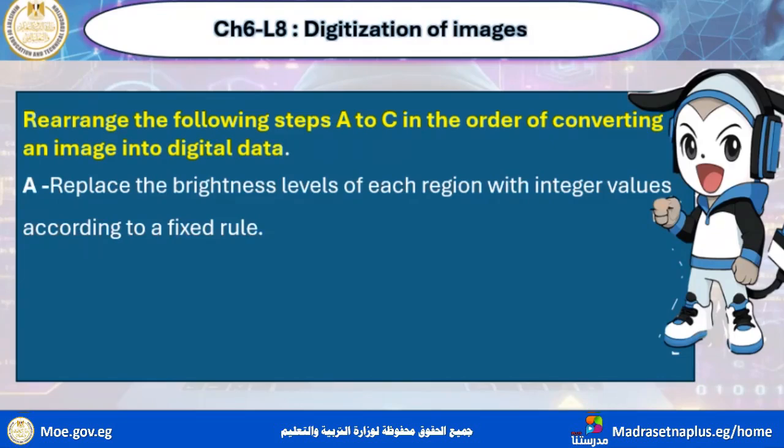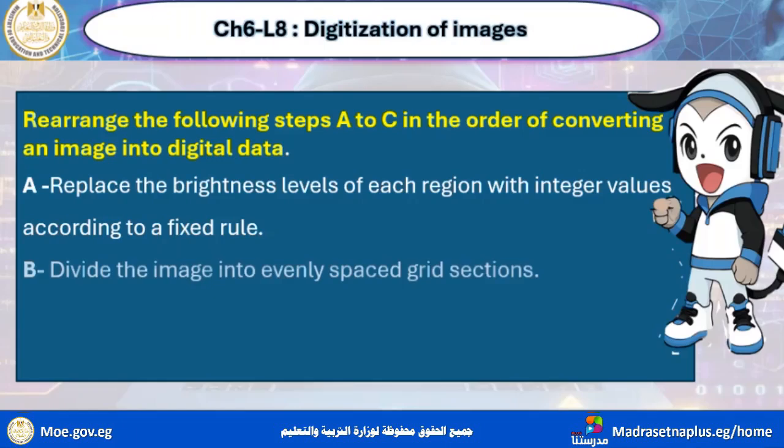Is it number 1? No. Divide the image into evenly spaced grid sections. Yes, this is the first step. We first divide the original image into evenly spaced grid sections, which we call pixels. Represent the integers in binary. Is this the first step? The second?